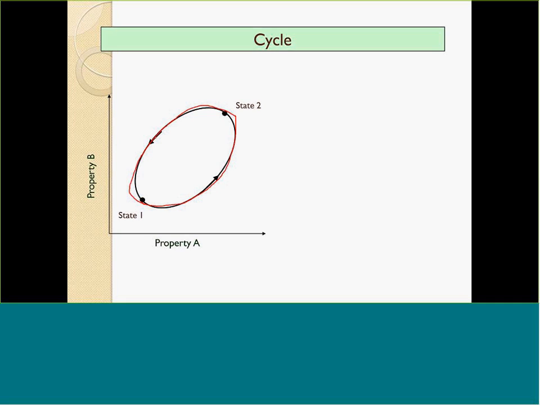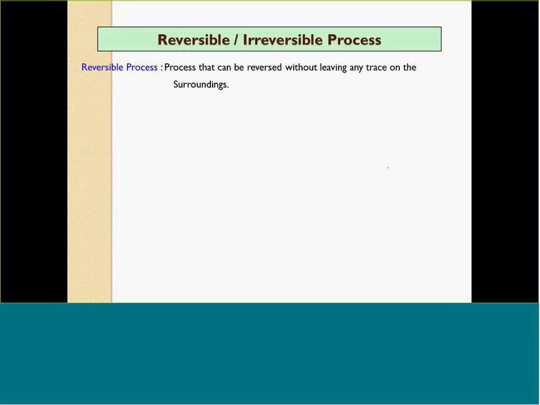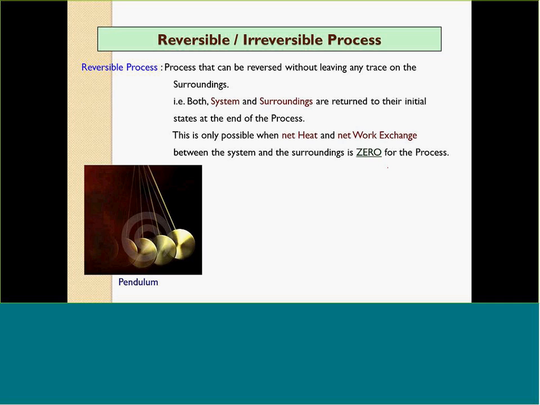So what can be reversible? At a certain point it can be reversible. A system is said to have undergone a cycle when it starts from state 1 and returns to state 1. So is it a reversible or irreversible process?